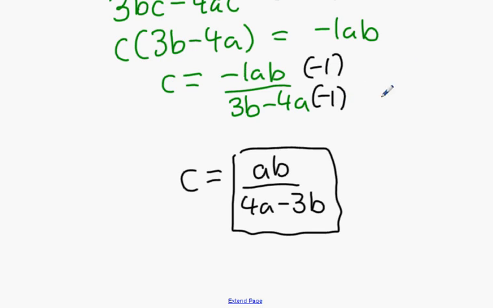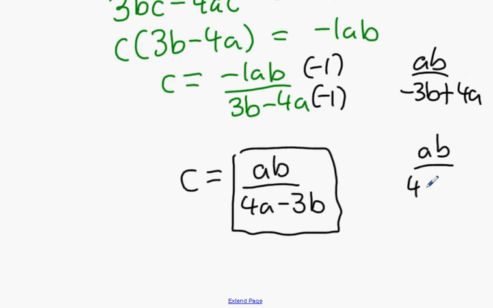Minus 1 times that is your AB. Minus 1 times 3B, minus 3B, minus 1 times 4A, plus 4A. And then just switch the 4A and the 3B around, and you can actually see that they're the same answer, aren't they?